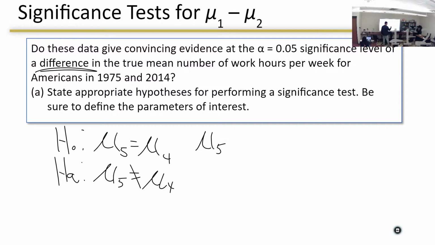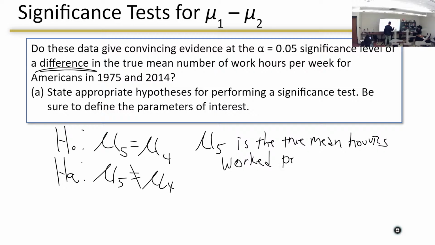Mu 5 is the true mean hours worked per week 1975. Whew. I got to write all that? No, you don't have to.